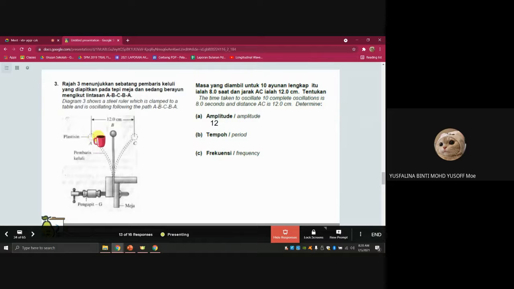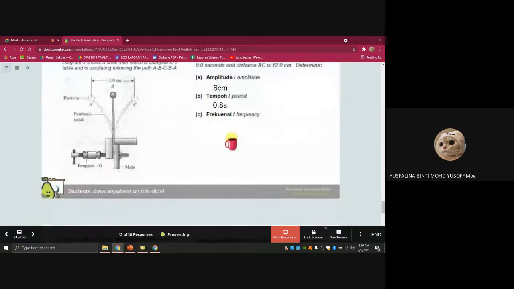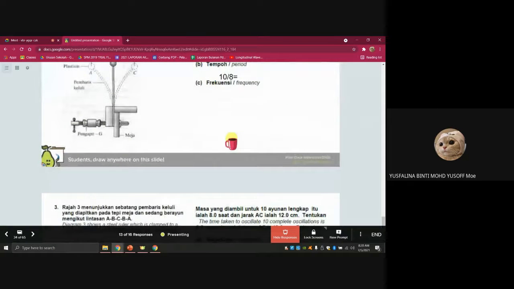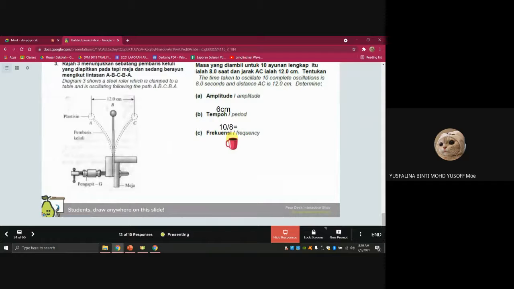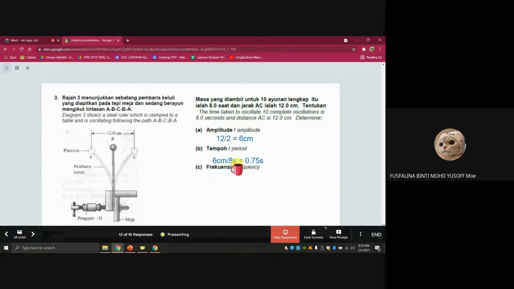O to A is 1 amplitude, B to C is 1 amplitude, so 2A is equal to 12, so A you have to divide by 2. 12 divided by 2 you will get 6 cm. For those who did this 12, can you make a correction? 6 cm, 0.8. 10 divided by 8 or 8 divided by 10? This one 6 divided by 8? No.